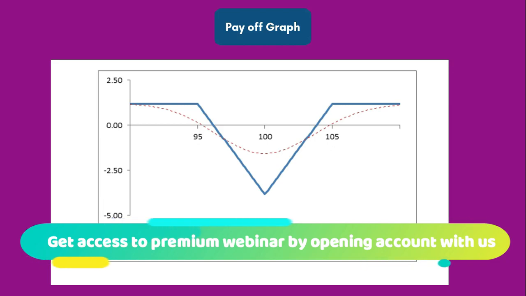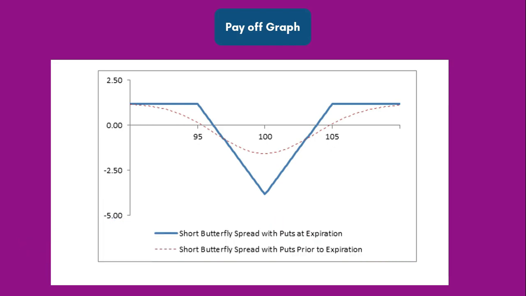So if you're expecting the market to go either up or down but don't want to lose much money by doing straddle, then you can do butterfly, where if the market goes up or down, you will make a small assured profit. And similarly, if you are expecting the market to stay flat, then you can have long call butterfly or long put butterfly, where if the market stays flat, you'll make small profit, but if the market goes up or down, you make a very small loss.